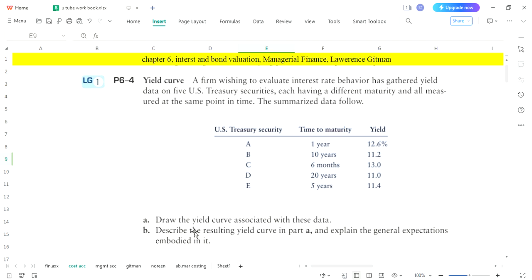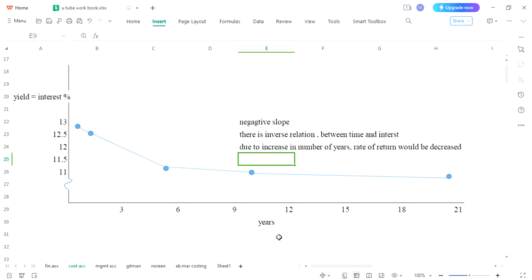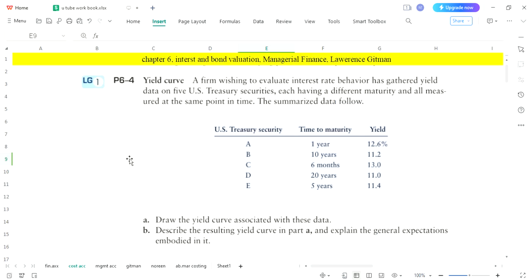Describe the resulting yield curve in part A and explain general expectations. And we have already mentioned, if you increase your number of years, your rate of interest or yield or rate of return would be dropped. And that was the description related to it. So finally, our question has been completed. It was a short question. We were only required to make the yield curve.